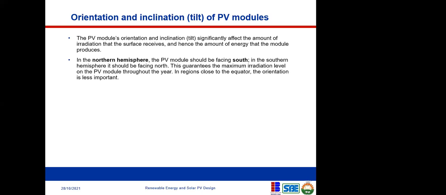Nigeria is in the northern hemisphere. Even if you're in the north, the south, the east, or the west, your PV module should be facing south. Just use your compass and determine where the south is. It's the rule of thumb.